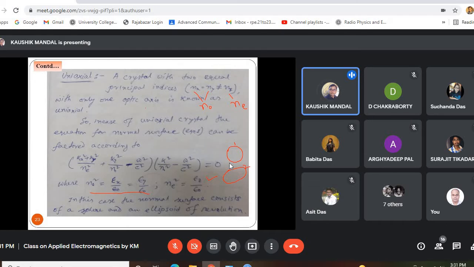As per the definition of a uniaxial crystal, nx equal to ny, but not equal to nz, and we represent nx equal to ny by no and the third one by ne. From the basic equation of the normal surface, if you simplify it, you will see that the normal surface consists of one sphere and one ellipse.